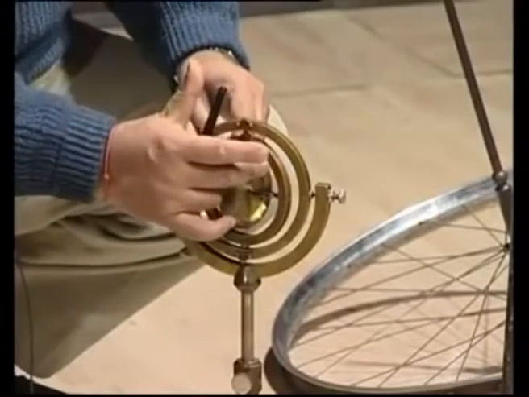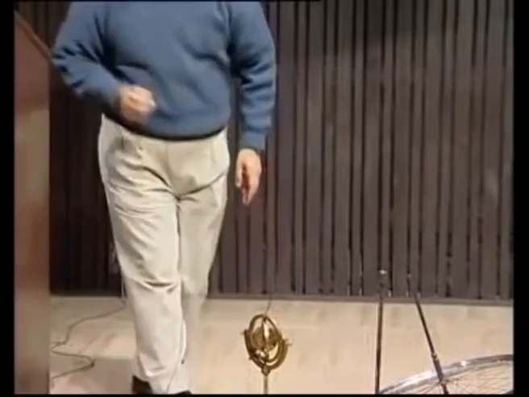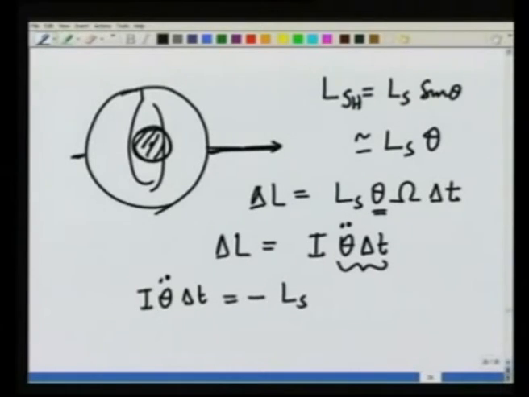so that this delta L gets 0, and that gain should be delta L is equal to I, whatever I is about this axis, theta double dot, because it is going to go that way, it will change theta, times delta T. This is I omega in the direction opposite to theta, and therefore, I should have I theta double dot delta T is equal to minus Ls theta omega delta T. This cancels and I get an equation for theta.